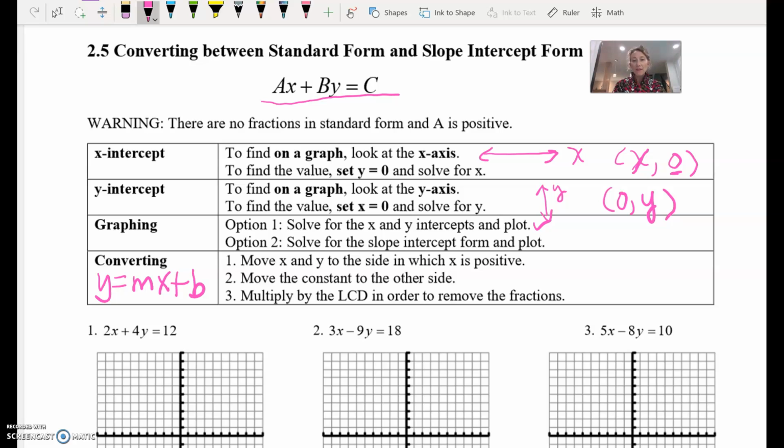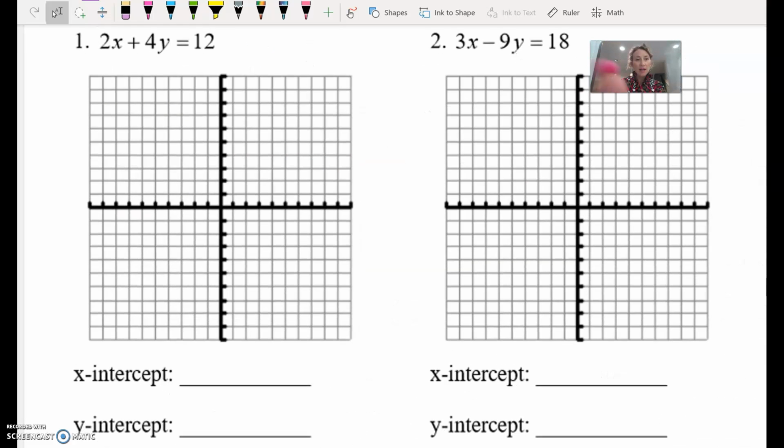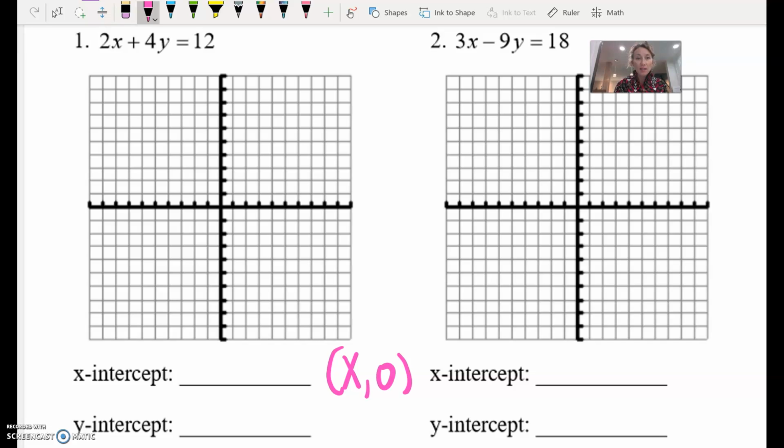Let's take a look at graphing these first three functions in standard form by finding the x and y intercepts. So this equation, when I find the x-intercept, that is x, comma, 0. So we plug in 0 for y.